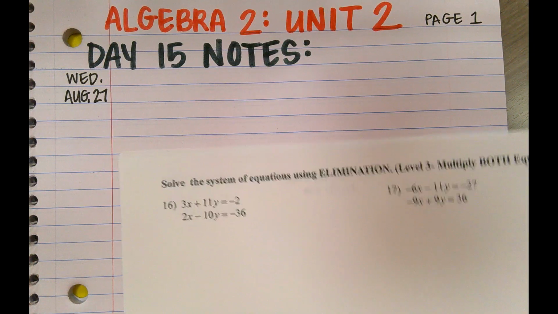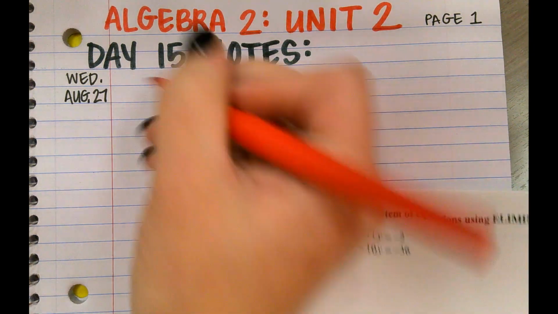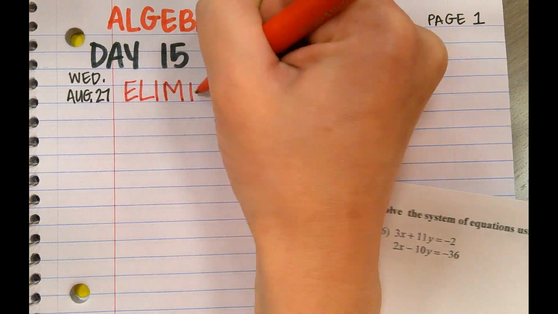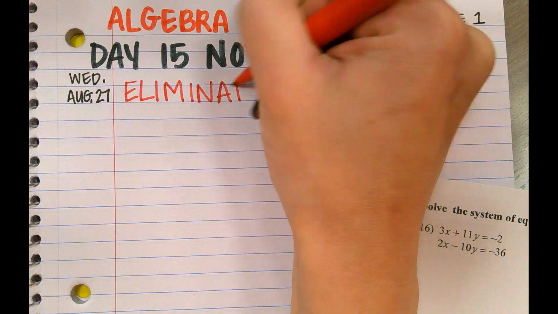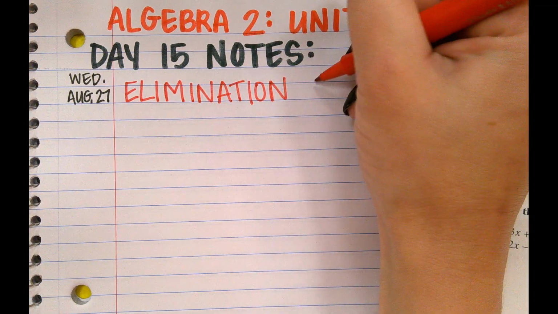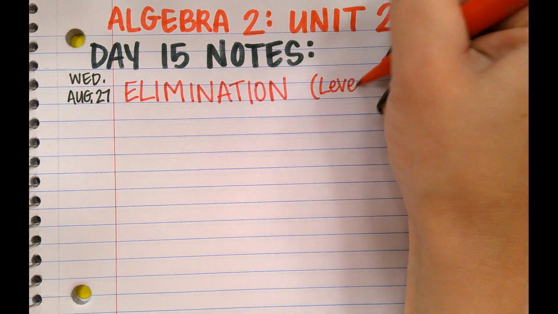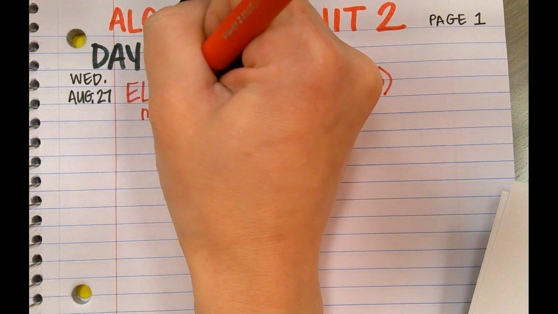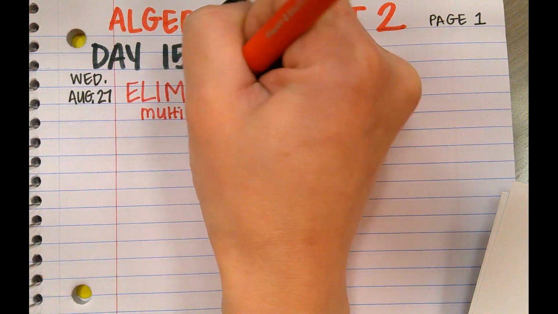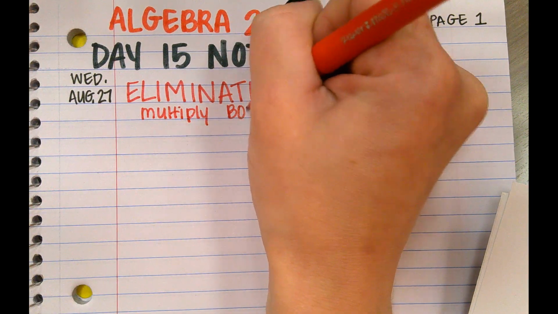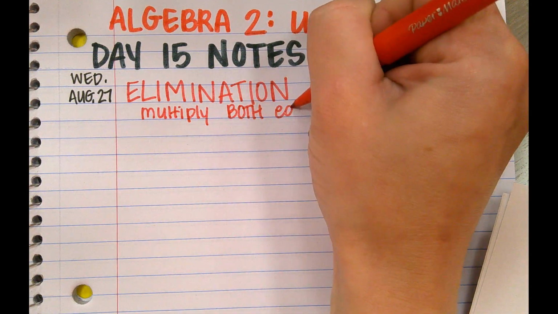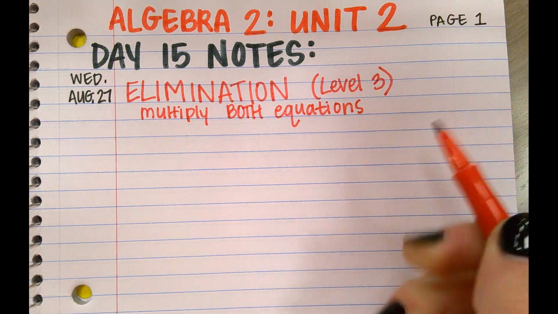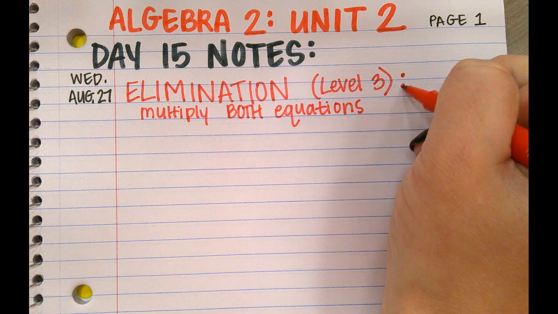Okay, so I am going to write here elimination level 3. And underneath, I'm going to write multiply both equations.